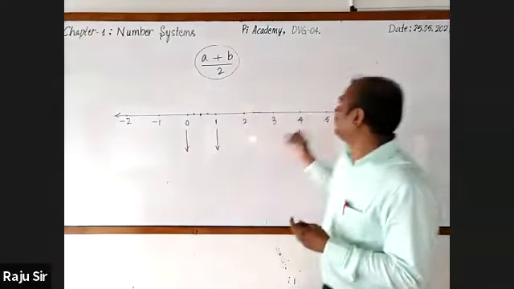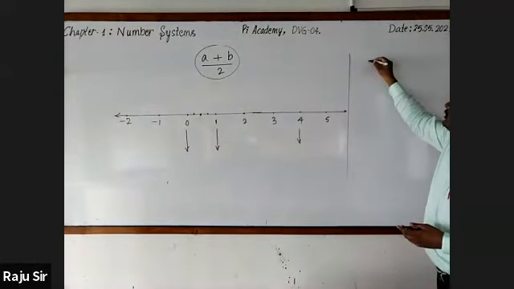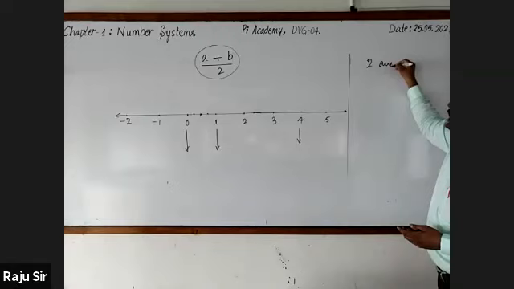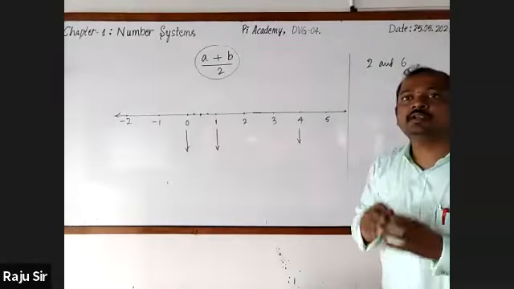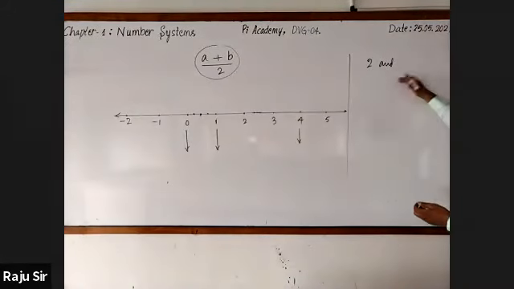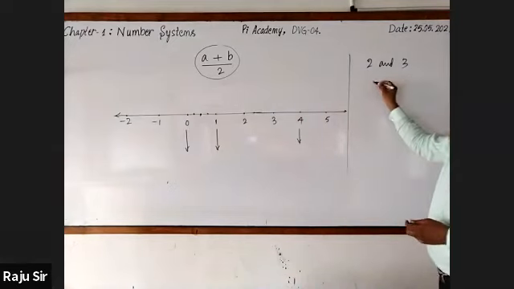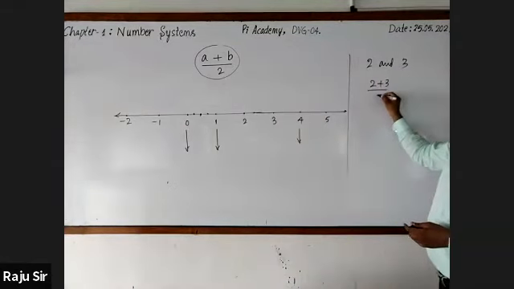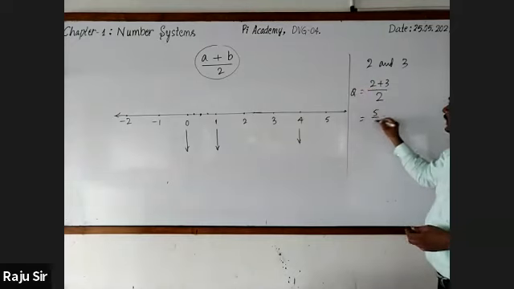If I want a rational number between 2 and 6, you may write either 3, 4 or 5. But if I take a rational number between 2 and 3, then it can be written as 2 plus 3 by 2, which is equal to 5 by 2.